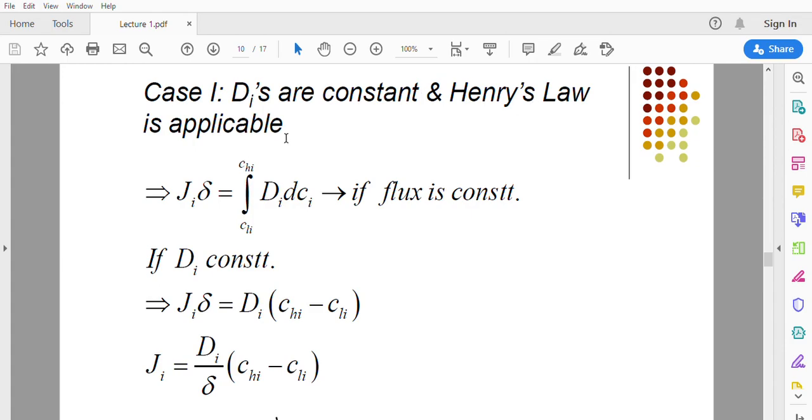This occurs when your environment temperature is greater than the critical temperature of all gases, as well as greater than the glass transition temperature of the membrane. If Di is constant, you can simply integrate this equation. Xi becomes delta after integration, so Ji delta equal to Di, integrated from Cli to Chi. So you will get this equation.